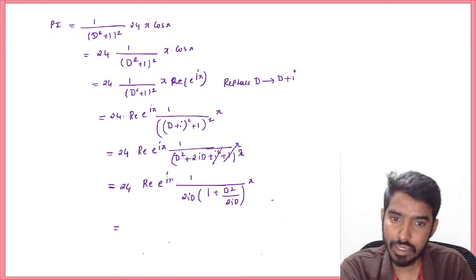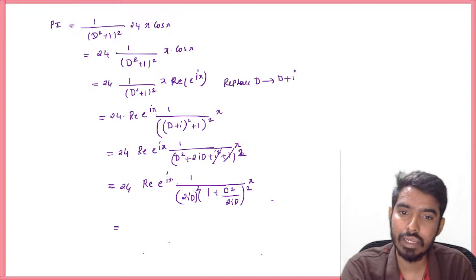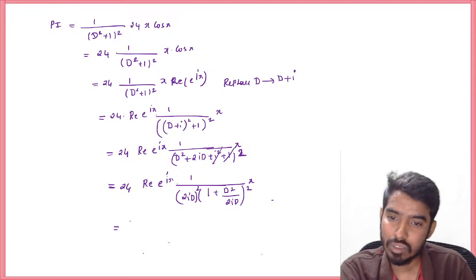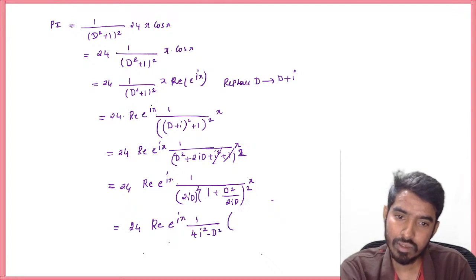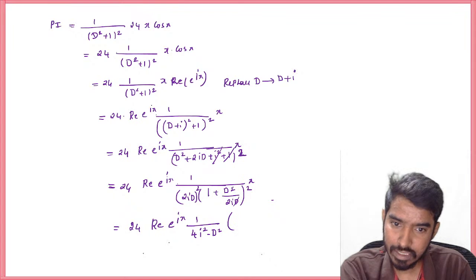So we have whole square here, right? That means I can take this 2iD whole square outside. This will be 24 real part of e power ix, this will be 1 by 4 i square D square. So this D square will get cancelled.